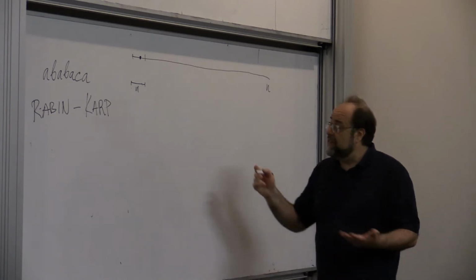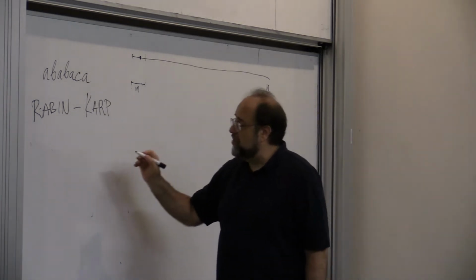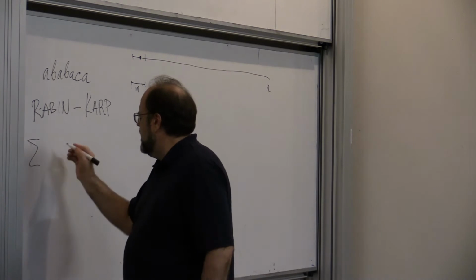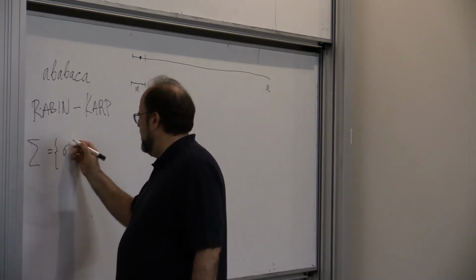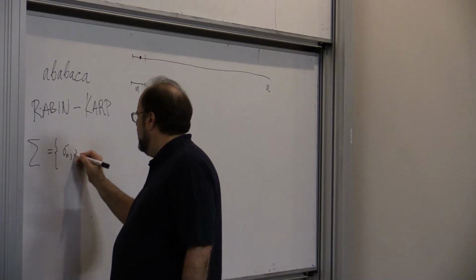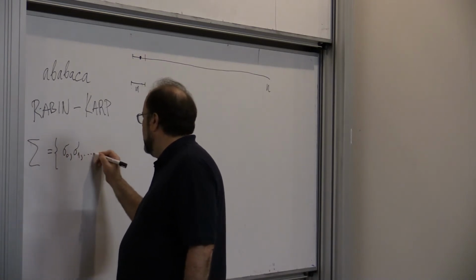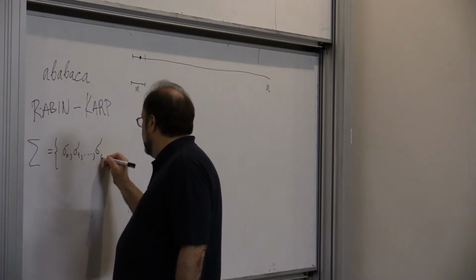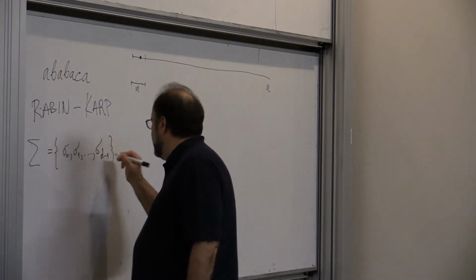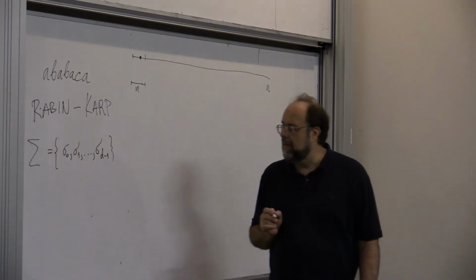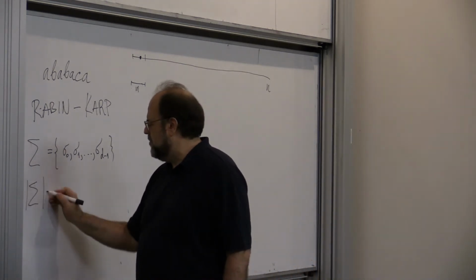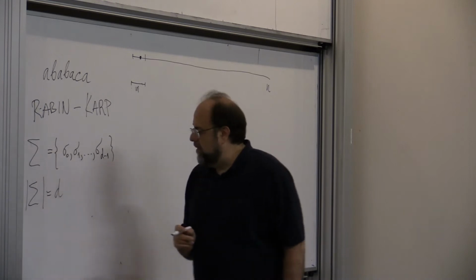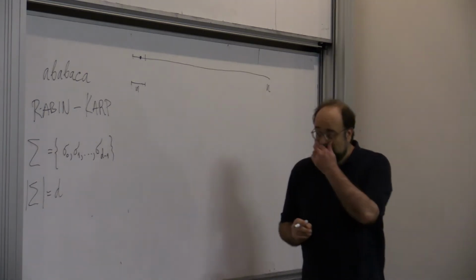Well, the idea is, say that our alphabet has the following symbols: sigma 0, sigma 1, up to sigma d minus 1. We have d many symbols, so the cardinality of sigma is d, okay?